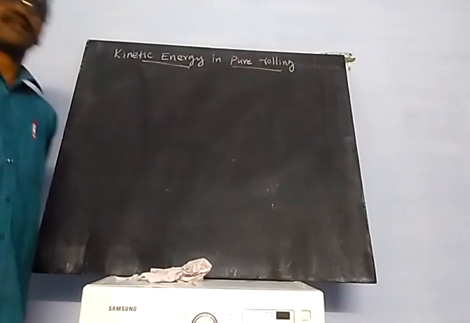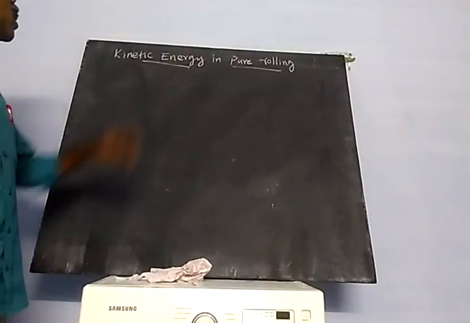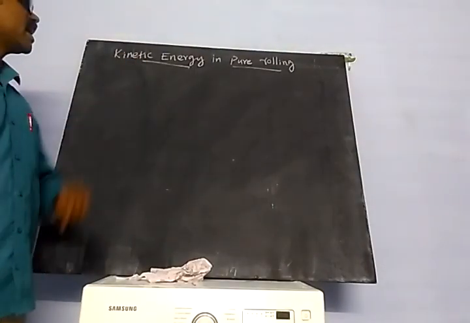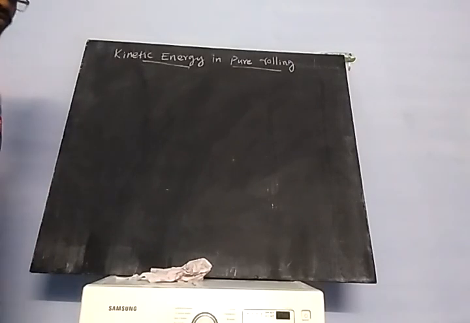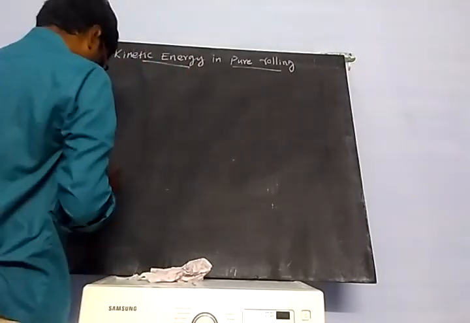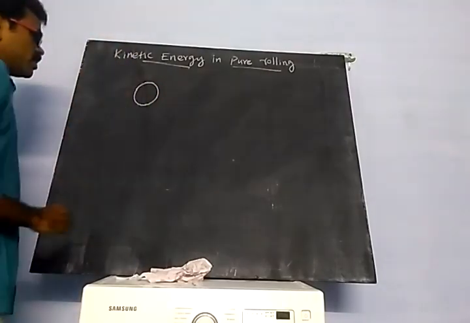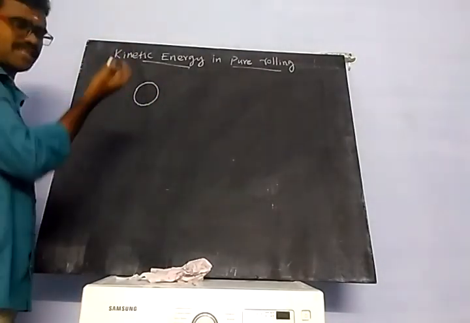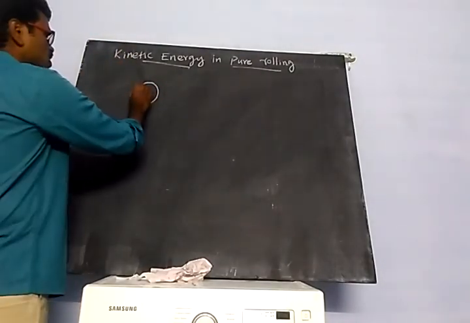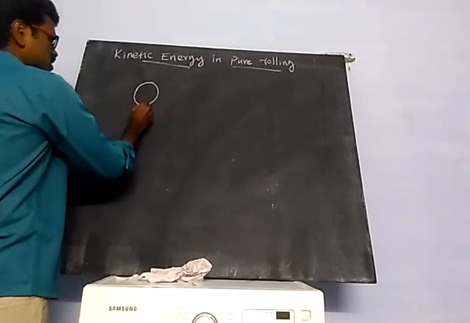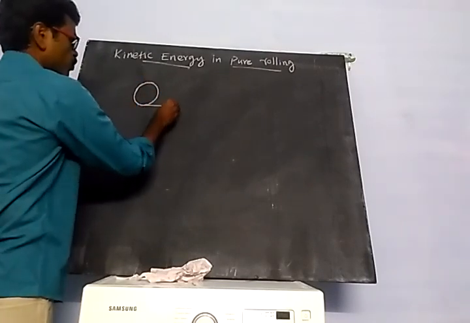Hello students, today we are going to learn about the kinetic energy in pure rolling. First, what is pure rolling? Consider one object, this disc. That disc is a circular object, and that circular object is moving.